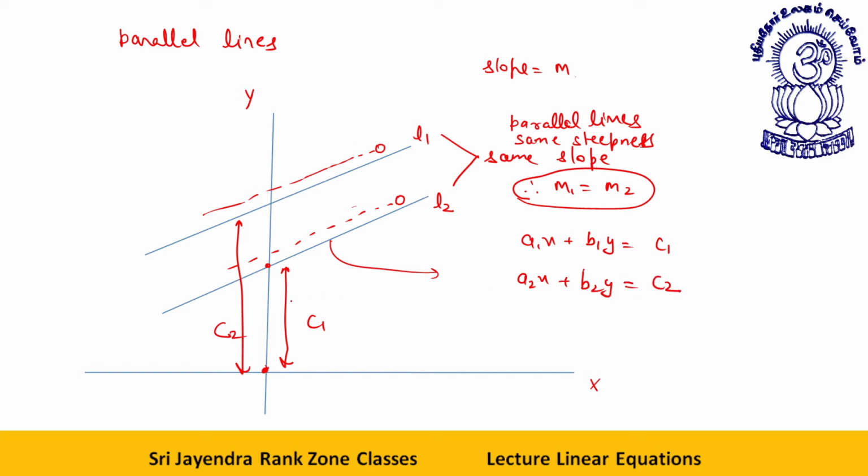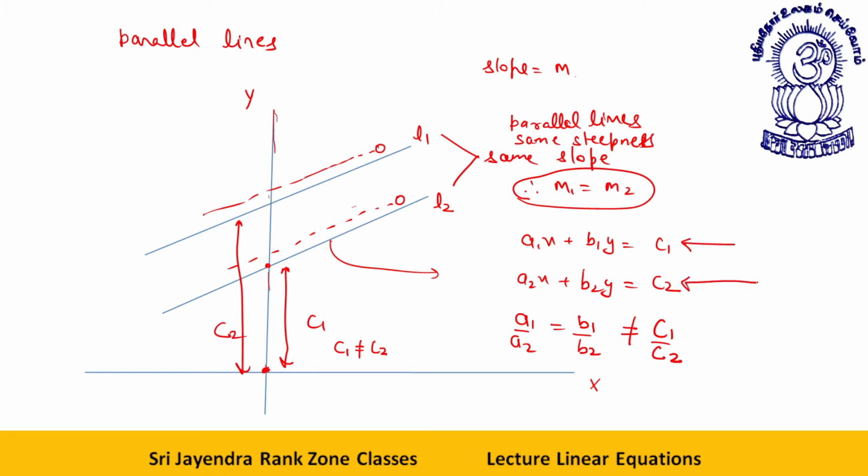Since this small c1 is not equal to small c2, a1 by a2 is equal to b1 by b2, but this is not equal to c1 by c2. I have told you the logic behind this. This is the reason that when there are two parallel lines, their heights are different. Their point of intersection with the y-axis is different. So this point of intersection determines the constant term.